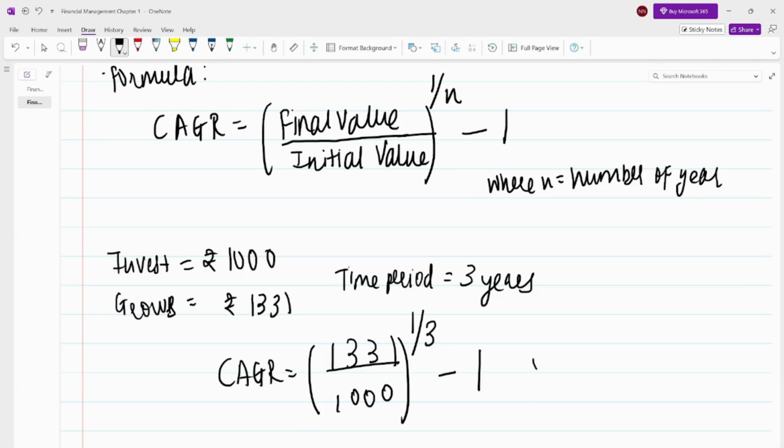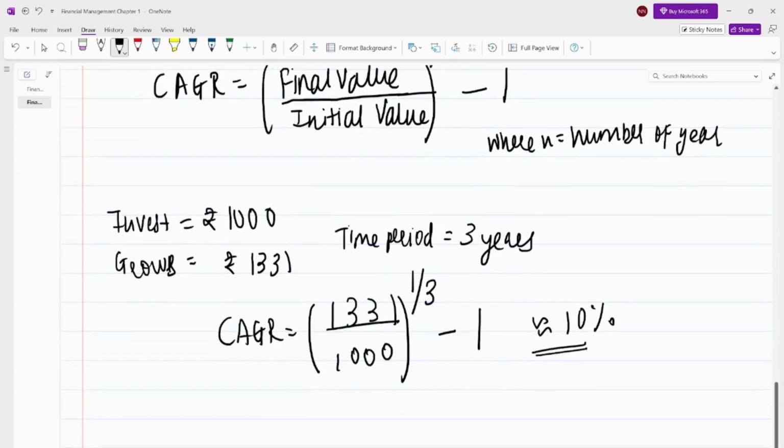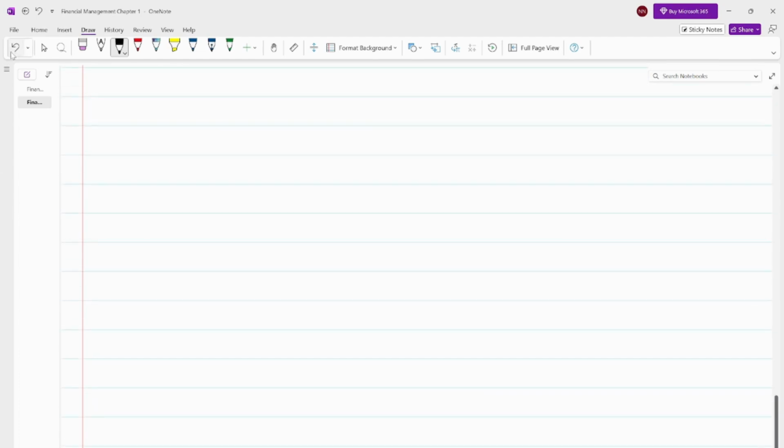Which gives approximately 10%. This is a CAGR. Then let's move to the next return, that is the average return.